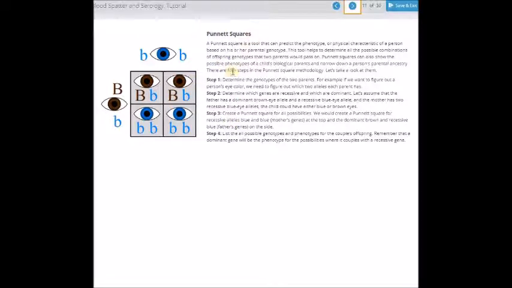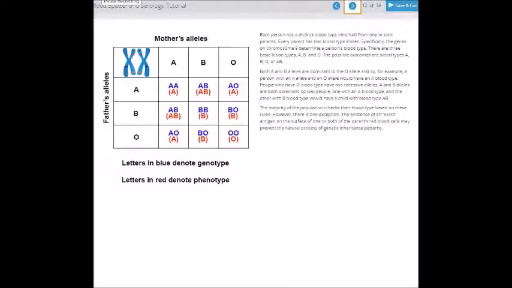But knowing how Punnett squares work, and then knowing what we can do with parents and offspring and prediction, we can do an awful lot with blood typing and stuff like that to learn things about a crime scene. And here we go. For example, this gives you all of them.